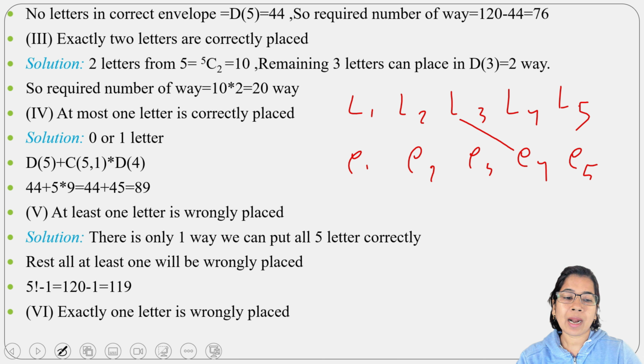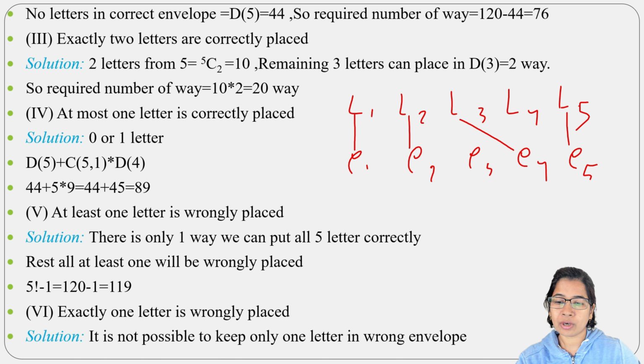So there will be at least 2 letters wrongly placed. Suppose L1 in E1, L2 in E2, L5 in E5, L3 we cannot keep in E4, right? If we keep L3 in E4, then L4 we need to keep in E3. So for wrongly placed there should be at least 2. So this is not possible. It is not possible to keep only one letter in the wrong envelope, right? There should be at least 2 letters put in wrong envelopes.